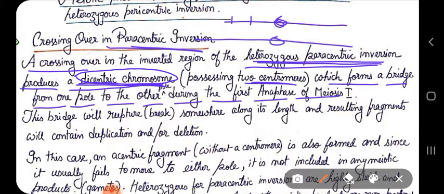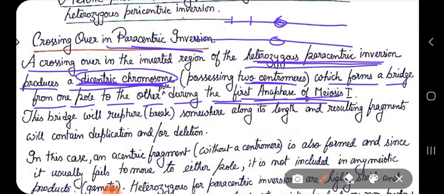So, when crossing over occurs within the inverted segment of a heterozygous paracentric inversion, it will produce such a chromosome having two centromeres, known as a dicentric chromosome, and it looks like a bridge. I think you have understood what I am trying to say.